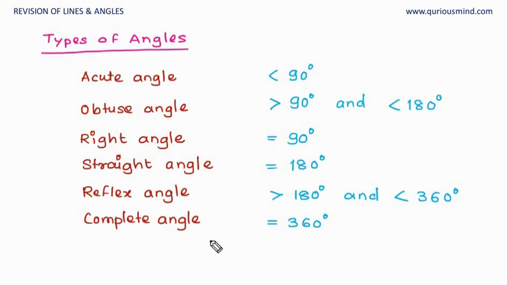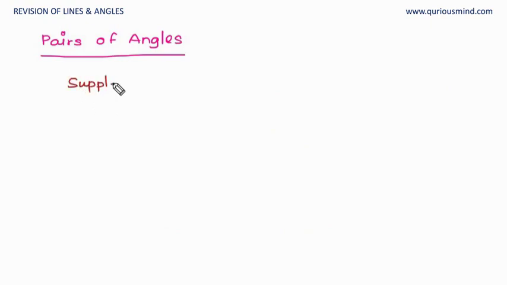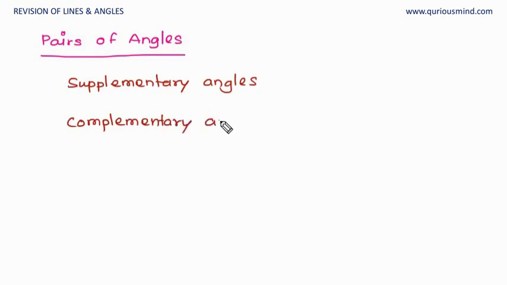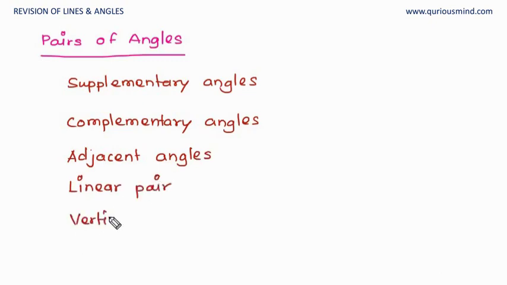Now let's talk about pairs of angles. They are named as supplementary angles, complementary angles, adjacent angles, linear pair, vertically opposite angles.